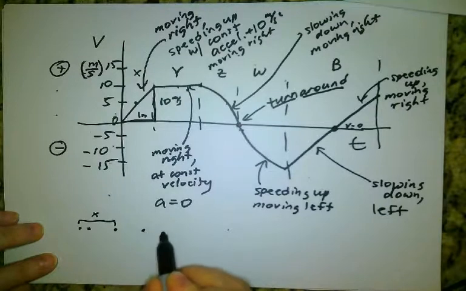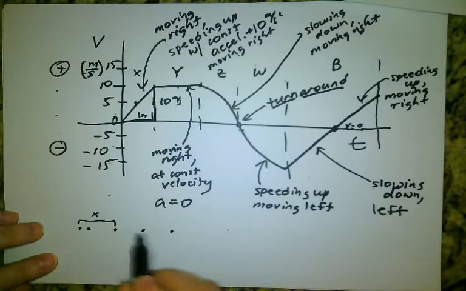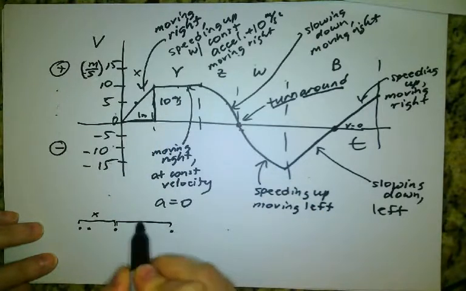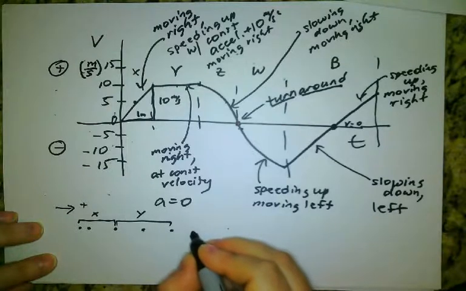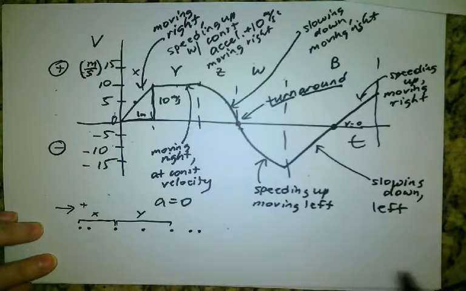Here I'm slowing down, not at a constant rate. Again, it's really hard to show that with dots, but I'm going to try. So here I slow down to 0, let's say. Right there is where Z ends.